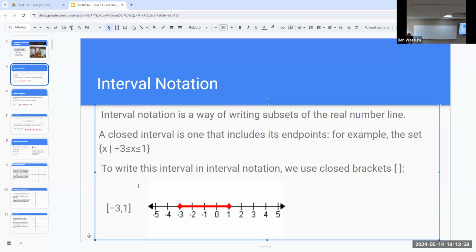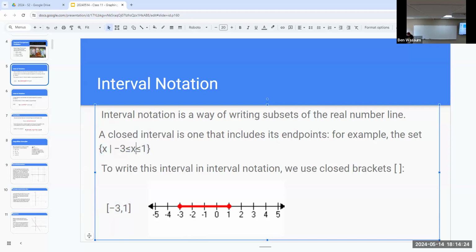The brackets basically are saying, hey, it's included on both sides. It's always left or right. So on the left, we have a -3. On the right, we have a 1. So it's just the range of numbers between -3 and 1, including both ends. That's how you read that. And in my opinion, I would much rather look at this than look at this thing.